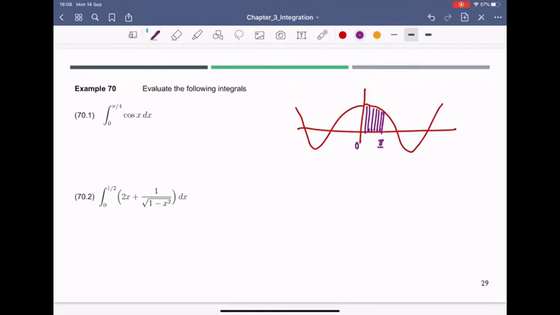Then I have to chop it into n pieces, find the area under the curve by the Riemann sum, and after that take the limit as n goes to infinity. It's going to take you maybe about 15 to 20 minutes to get the integral without using the fundamental theorem of calculus.